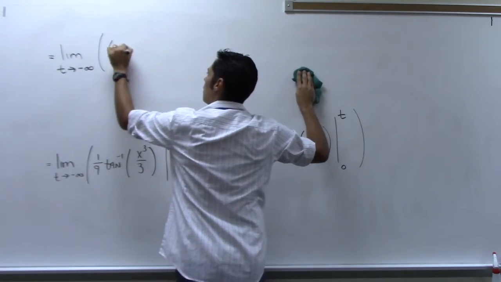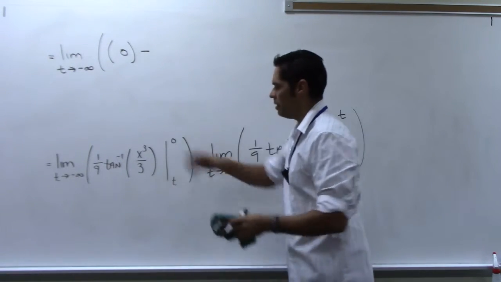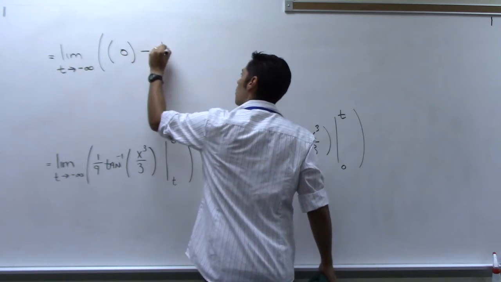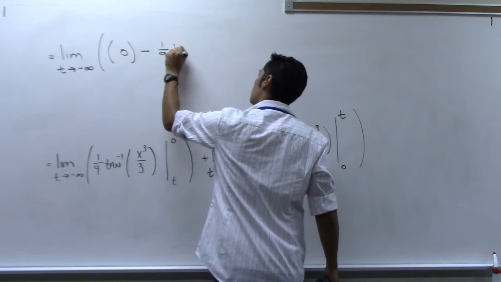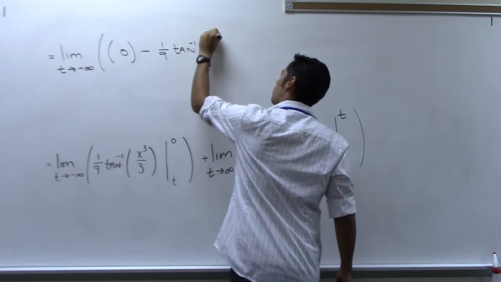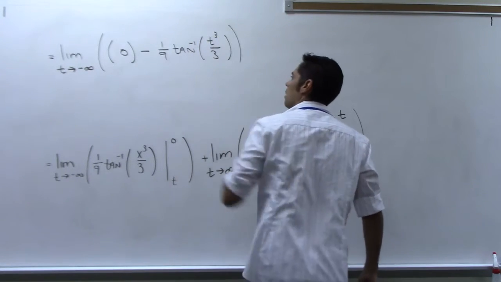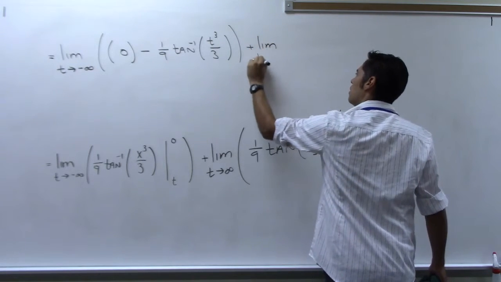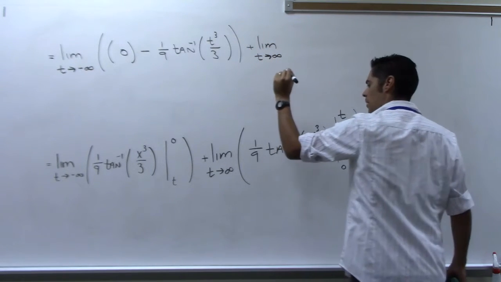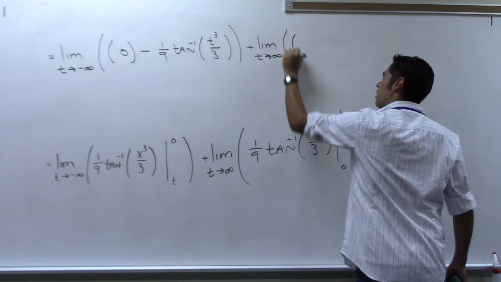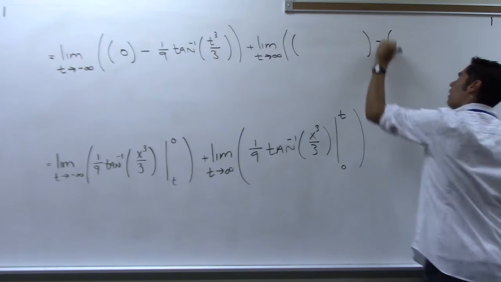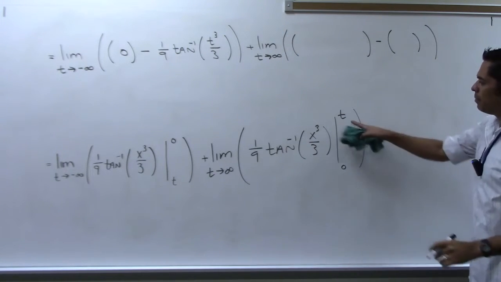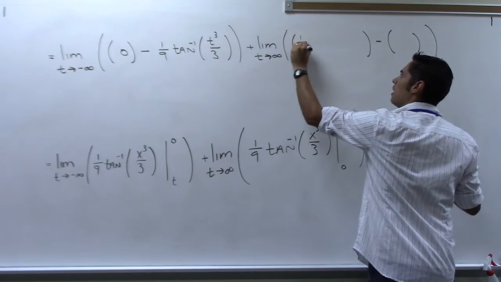Minus, now I plug in t, so I can't really do anything with that: 1/9 arctangent of t cubed over 3. Then I'll do this limit. Limit t goes to positive infinity of, again, two things. When I plug in t, I just get that expression again.